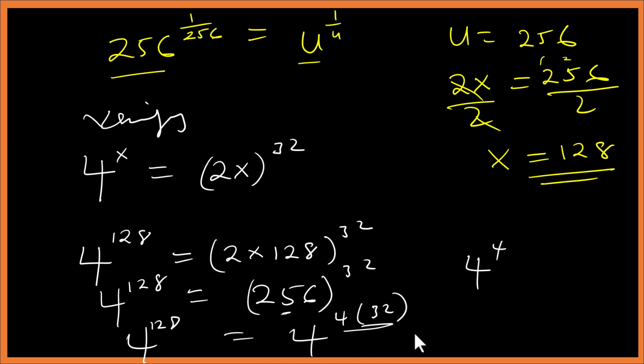So 4 times 32 will be 4 raised to 128. So we have both sides being equal. Therefore, our solution is through. Alright, so that's that.